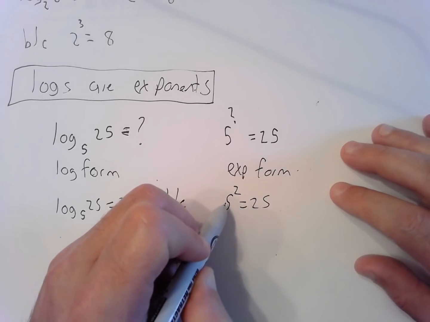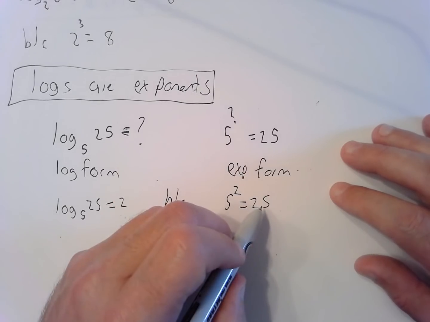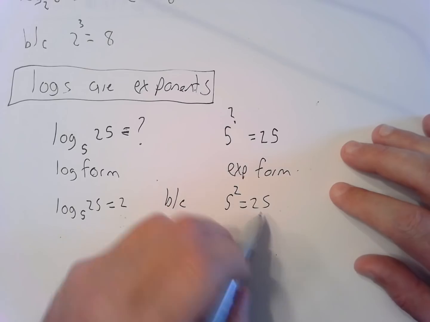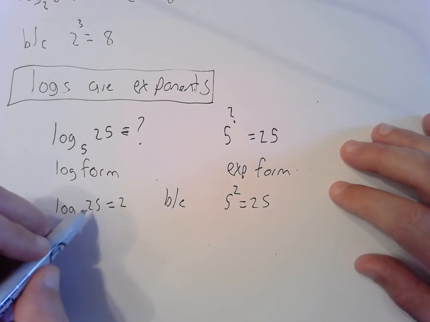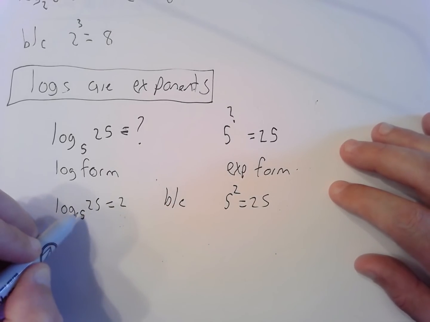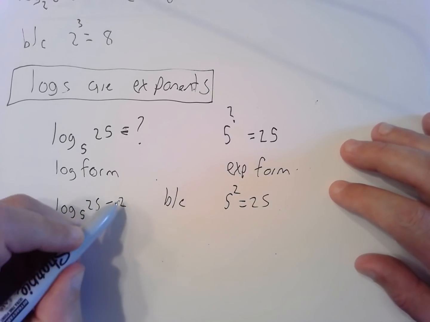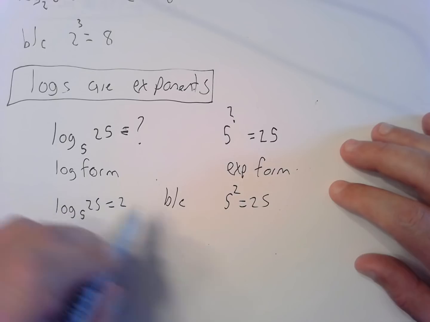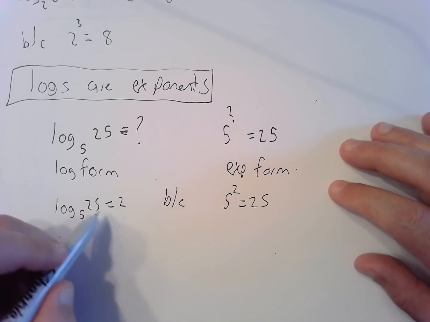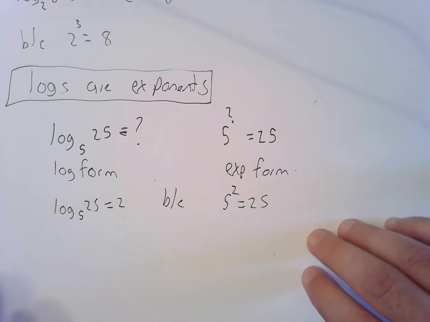I give you the 5 and say square it, you give me 25. The log is the inverse of that. I give you the base, I tell you the answer is 25, you work backwards and give me the exponent. Exponential, logarithmic. Okay, let's play with evaluating these a bit.